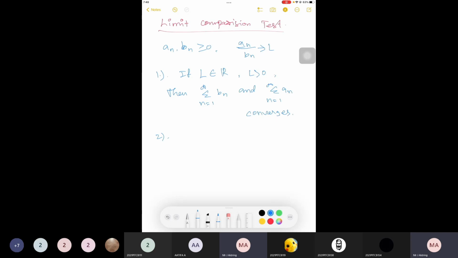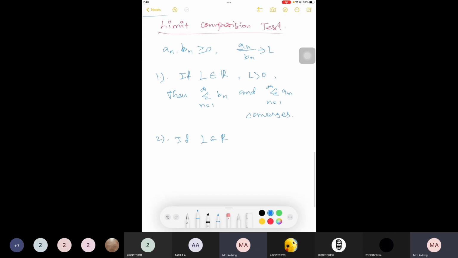The second condition is if L belongs to the real numbers. Because a_n is one series and b_n is another series, if you divide the series it tends to some L. So L is a number, it may be any number.